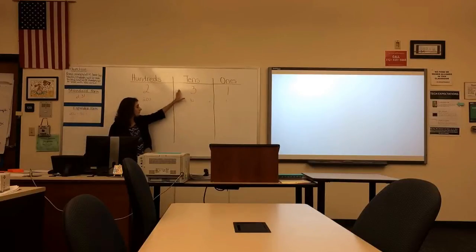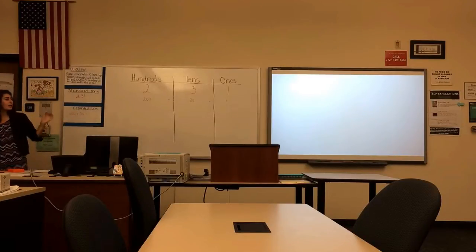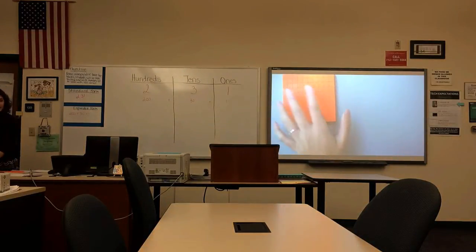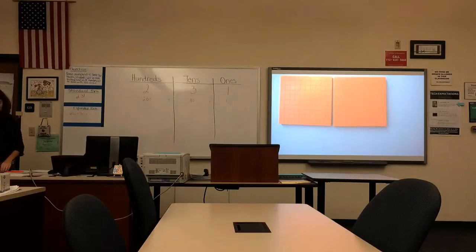So I would ask myself, how many hundreds are there? 2. So I would pick out 2 100 blocks. Remember to follow along. Then I would pick out 3 tens blocks.